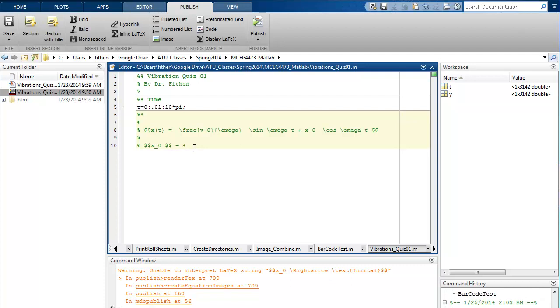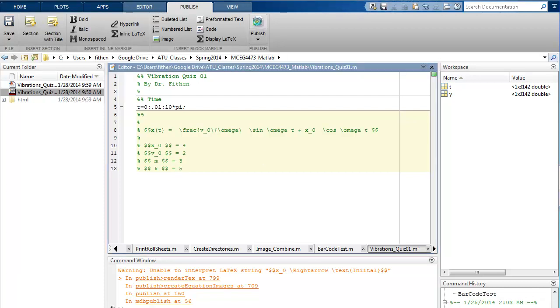So let's say we want the initial position to be 4. We want the initial velocity to be, just making things up here, I want the mass to be 3, and I want the spring stiffness to be 5.